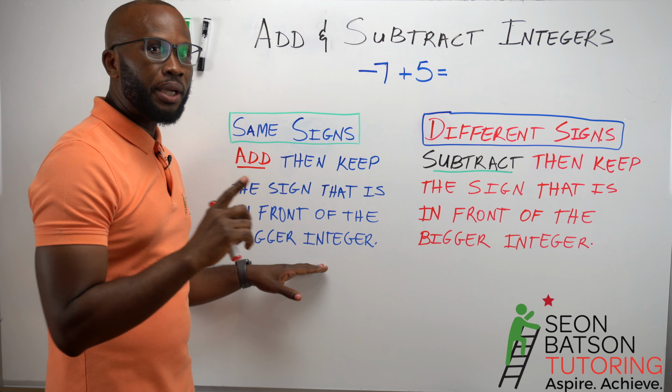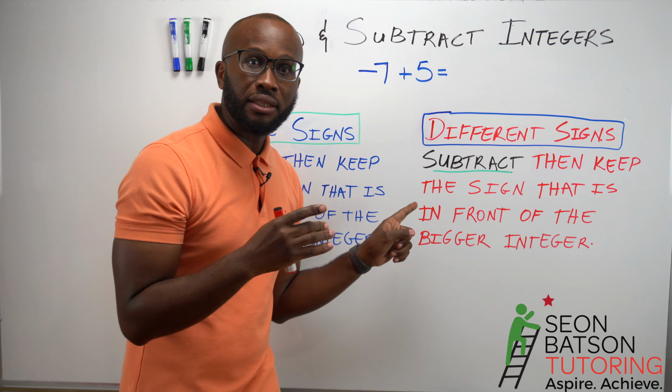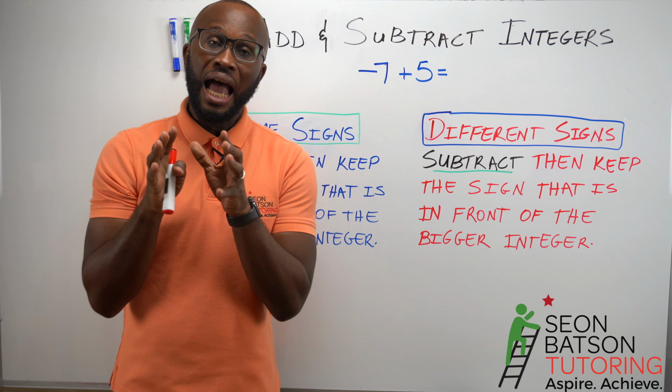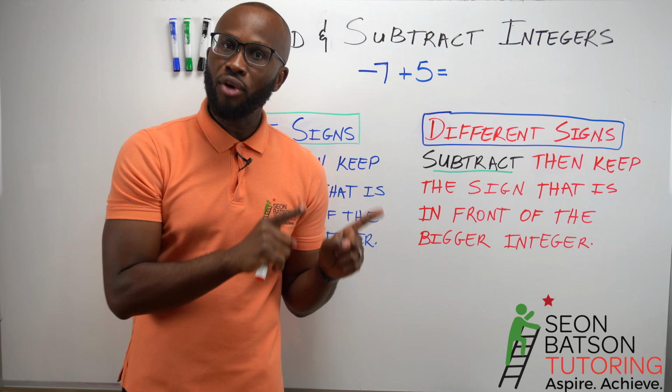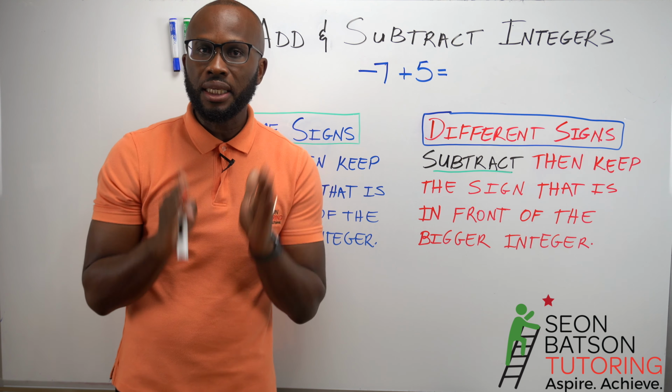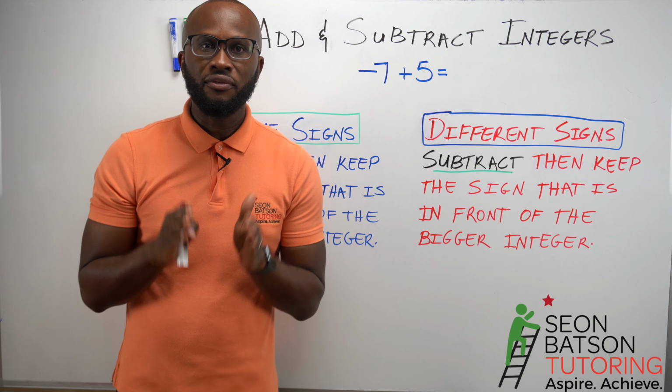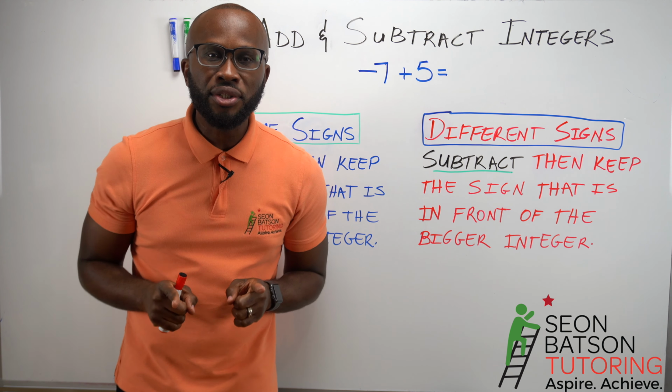Rule 2 says, if the signs in front of the integers are different, we are going to subtract, then keep the sign that is in front of the bigger integer. 2 very simple rules. If the signs are the same, we add. If the signs are different, we subtract. But very important, after adding or subtracting, we must keep the sign that is in front of the bigger integer.